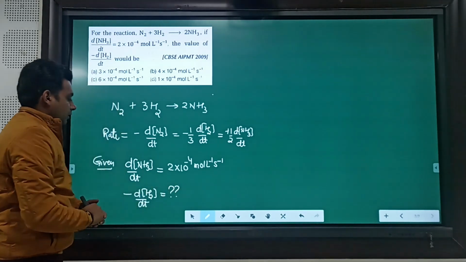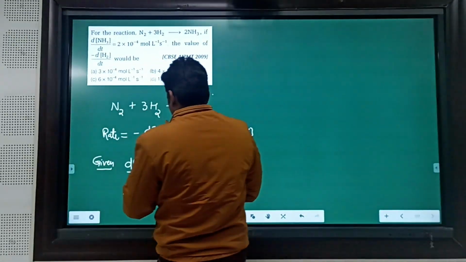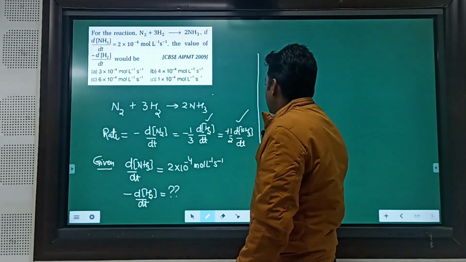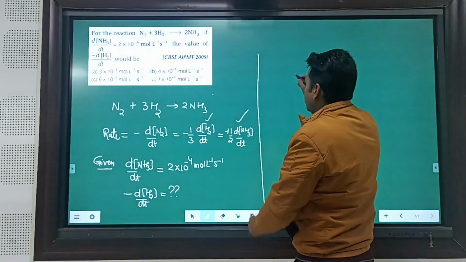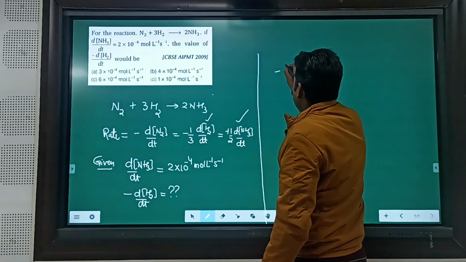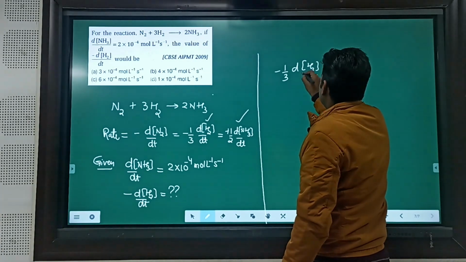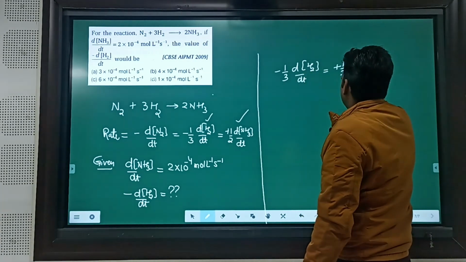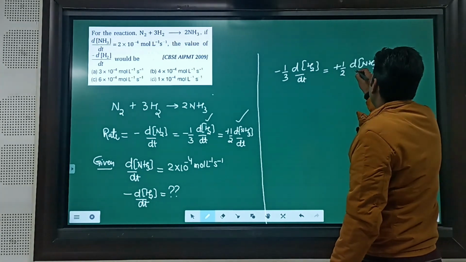That is our requirement. So from the given relationship, we just compare. The first one is the ammonia, second is the hydrogen. So we have to just equate them to each other. You just use this relationship. So minus 1 by 3 hydrogen rate is equal to plus 1 by 2 ammonia rate.